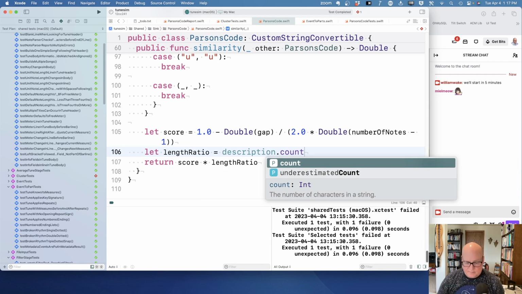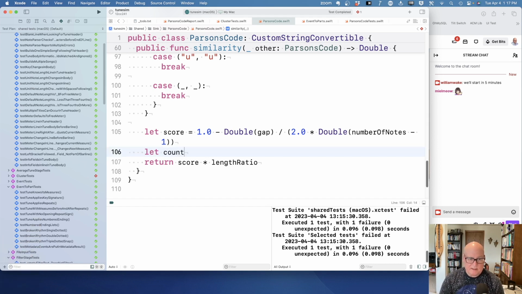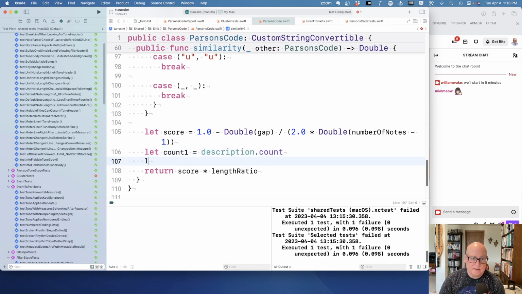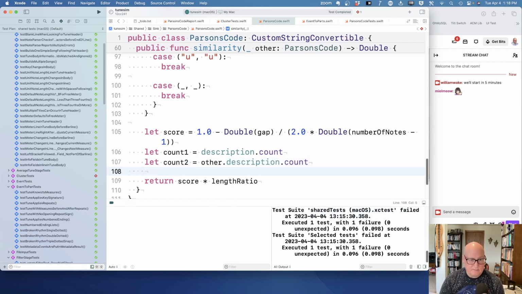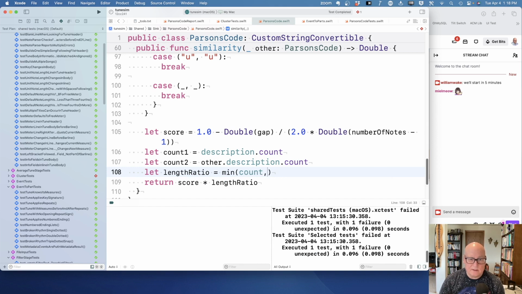Well, let's try, let count 1 equal description dot count. Let count 2 equal other dot description dot count. And then let length ratio equal, let's take the min of count 1, count 2 divided by the max.